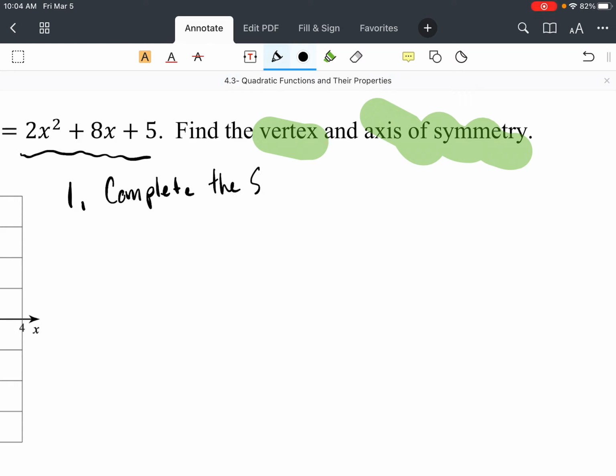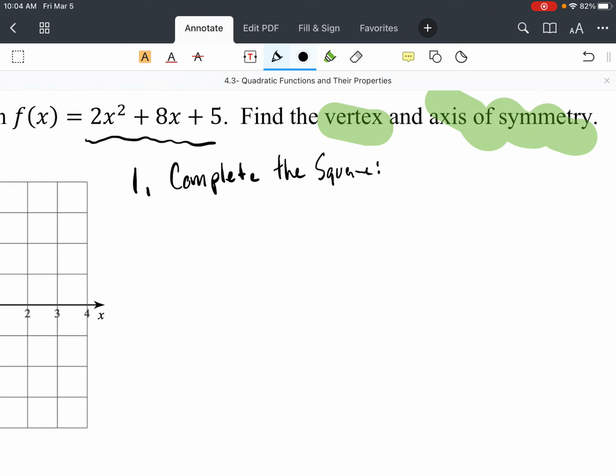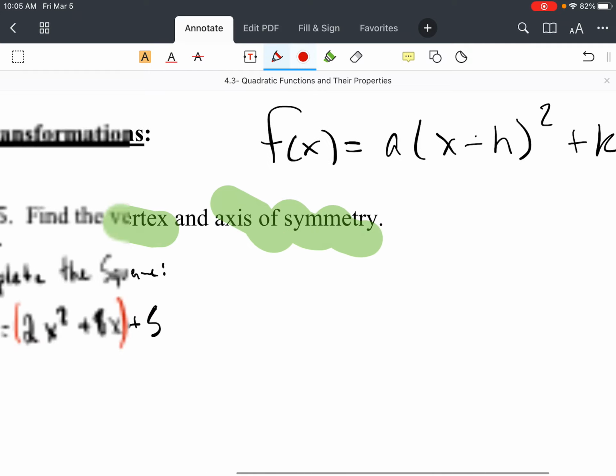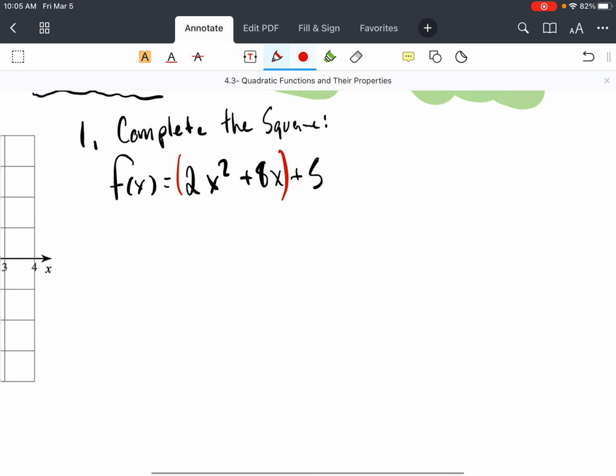So we've got a little bit of math that we need to do first. All right. So when we complete the square, the first thing we need to do is to section this stuff off. So we've got f of x is equal to 2 times x squared plus 8x plus 5. I'm going to start off by separating my first two terms from the constant. Now, in order to complete the square, we have to have this first term with just an x.